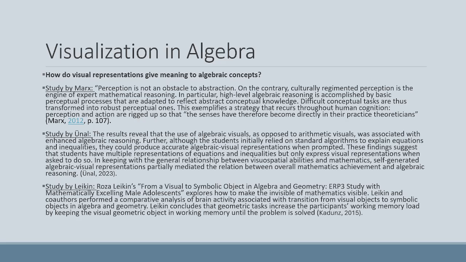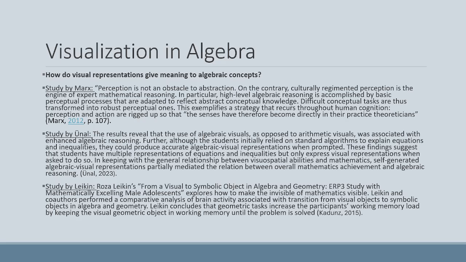And then lastly, a study by Leikin, Rosa Leikin, from a visual to symbolic object in algebra and geometry, a study with mathematically excelling male adolescents. This study explores how to make the invisible of mathematics visible. So Leikin and co-authors performed a comparative analysis of brain activity associated with transition from visual objects to symbolic objects in algebra and geometry.